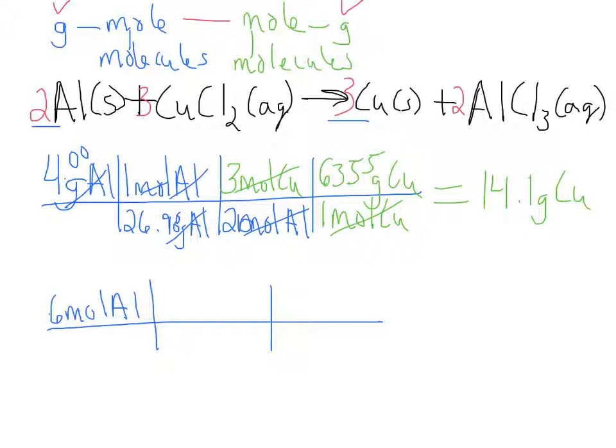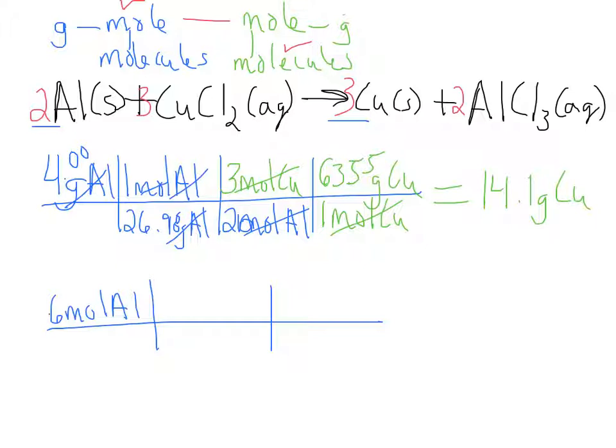Then we're going to figure out how many molecules of copper that would produce. So we're starting here, moles of aluminum, and we're trying to get here now to molecules of copper. You can do any two compounds. I'm just using aluminum and copper because they're easy with the molar mass.